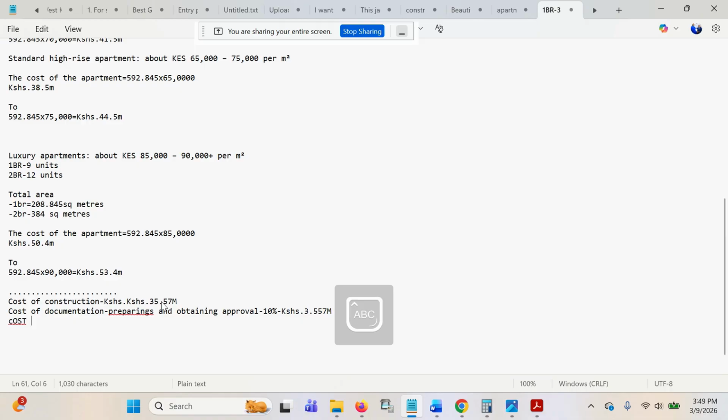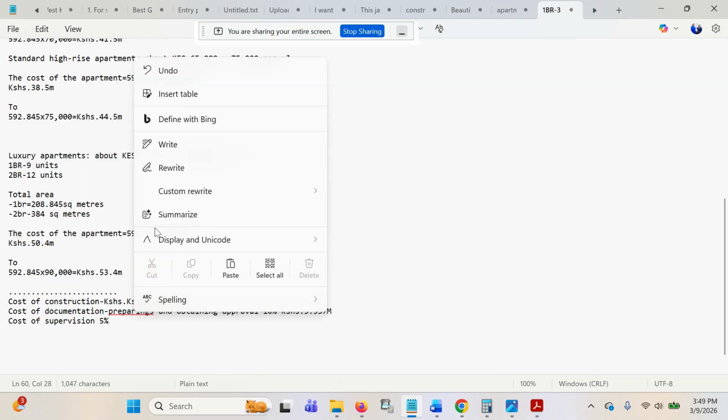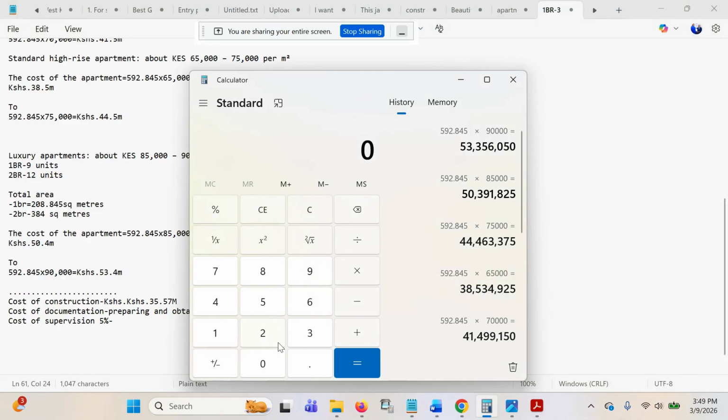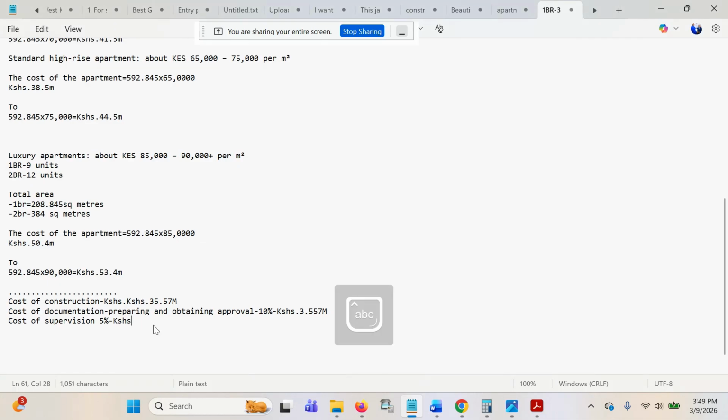And then the cost of supervision, you can give this one 5%. So 5% of that would be roughly 1.8 million.